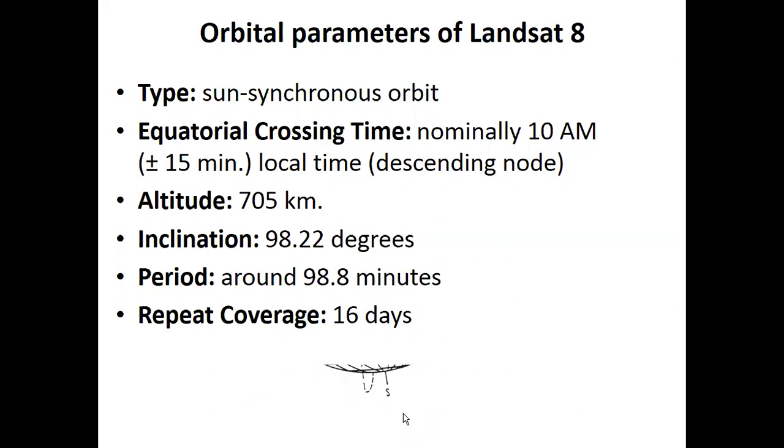The altitude is 705 kilometers, and the inclination is a little bit over 90 degrees, so it is a near-polar orbit, and the rotation period is about 100 minutes.